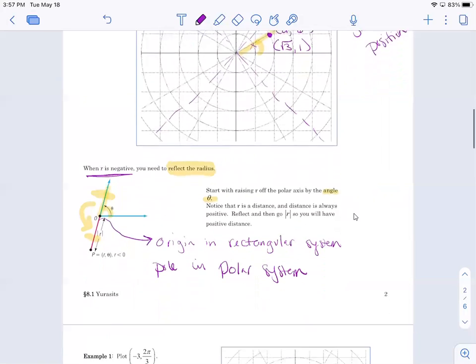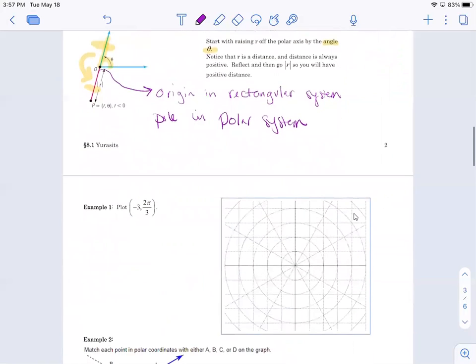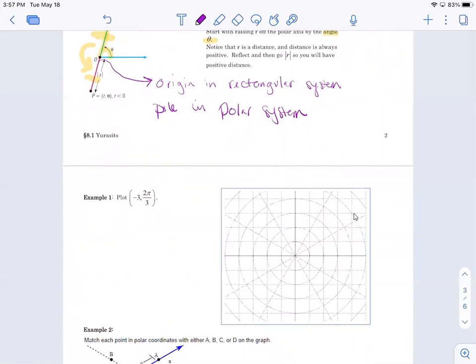All right, so let's just do one. So see it here, it says plot -3 and 2 pi over 3. So the first thing is always plot the angle first. So I'm going to go to 2 pi over 3. So remember how the circle's working.